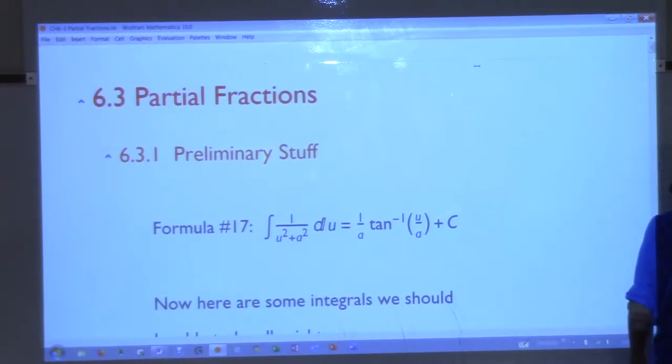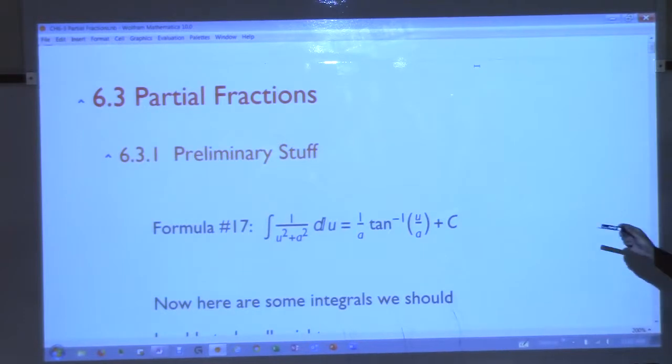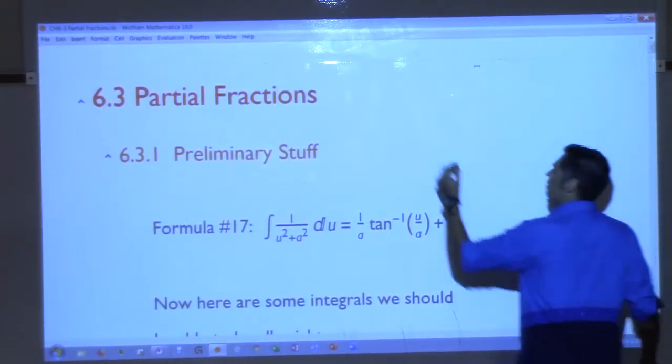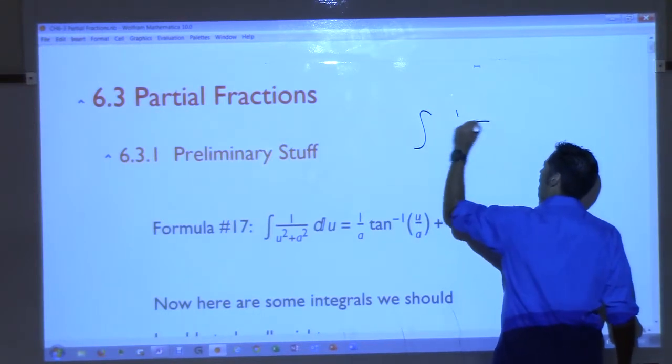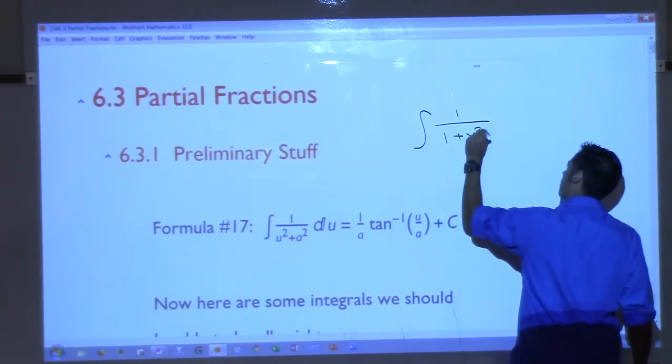All right, partial fractions. We have a formula on our formula sheet, formula number 17, but it comes from this one right here. This is one I asked you to memorize a long time ago.